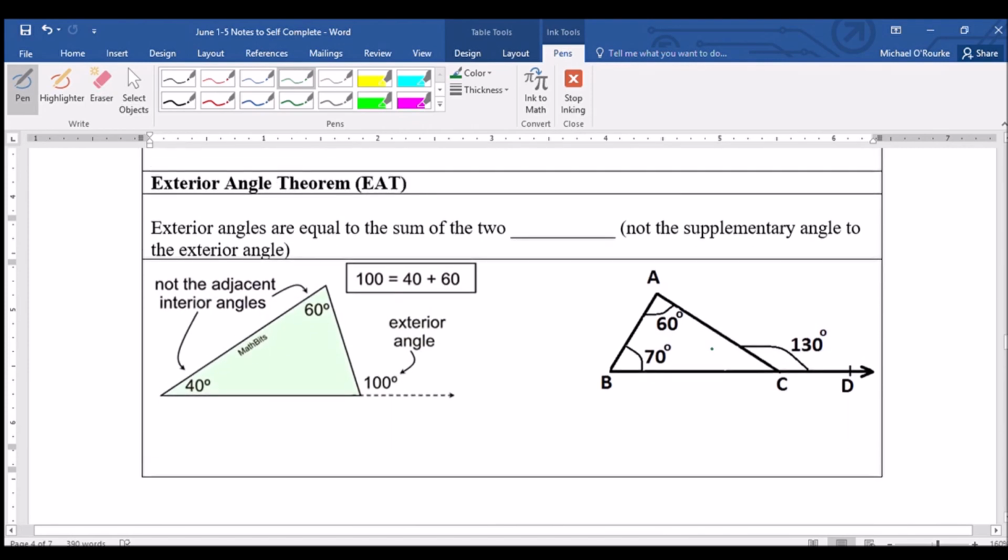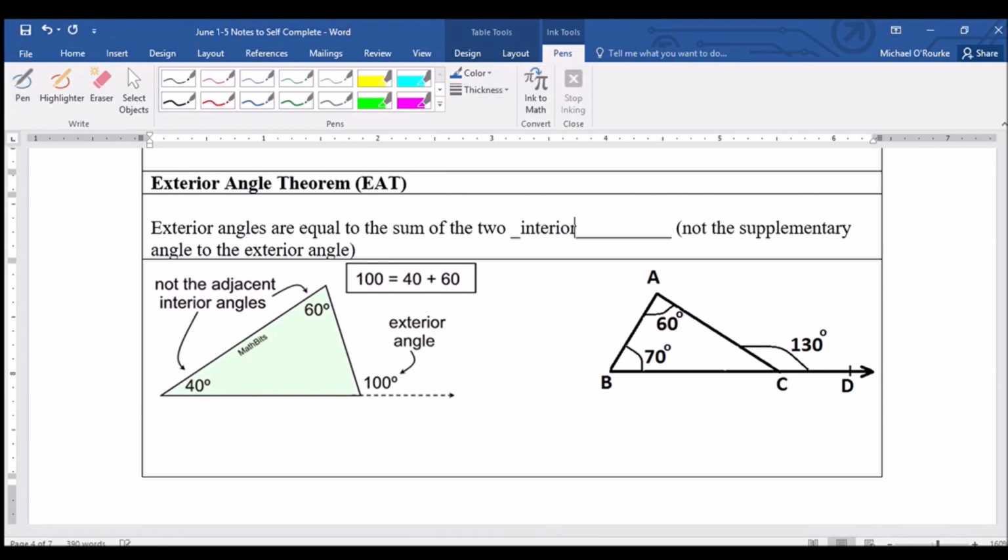So this is a really neat one that sometimes takes a little bit of time to understand. It takes a little more time to see, but once you see it, it makes your math much easier. Exterior angle theorem. Exterior angles are equal to the sum of the 2 opposite interior angles.